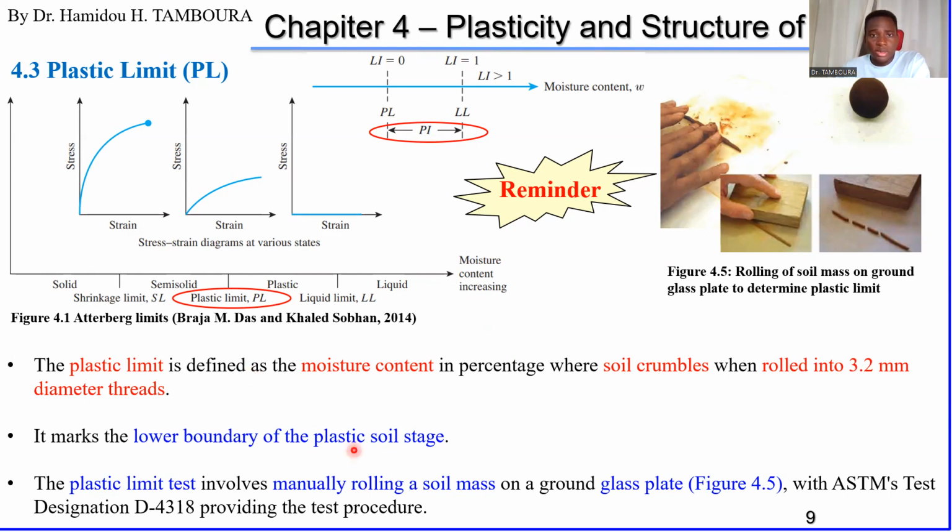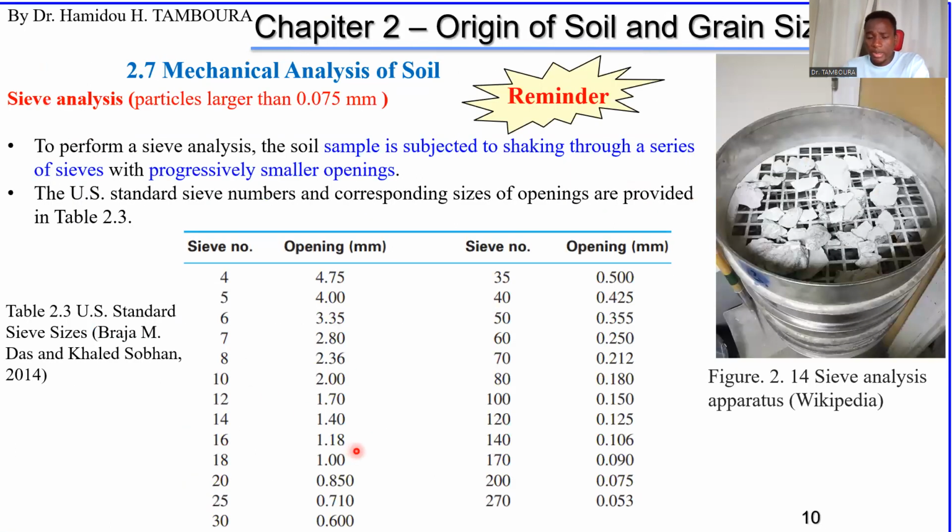Another thing we need before we go to the unified classification system is sieve analysis. Maybe you remember this from chapter number 2, where we talked about sieve analysis, the mechanical analysis of soil.